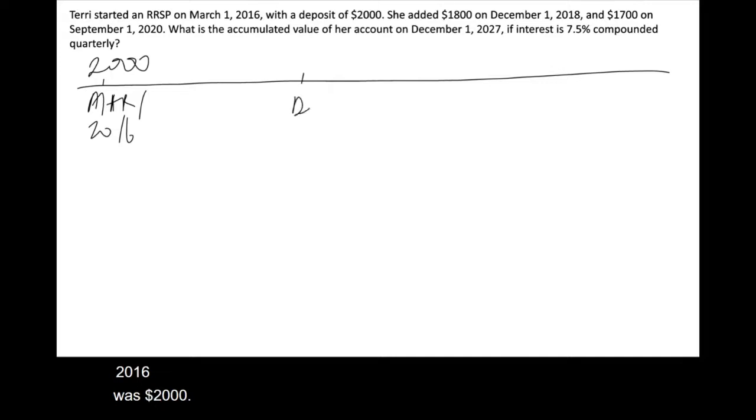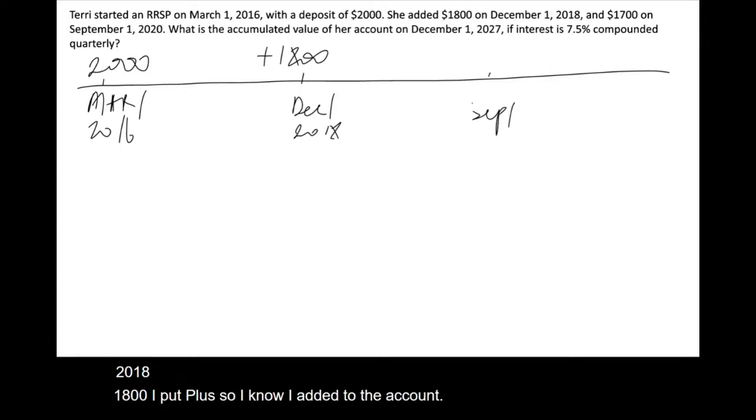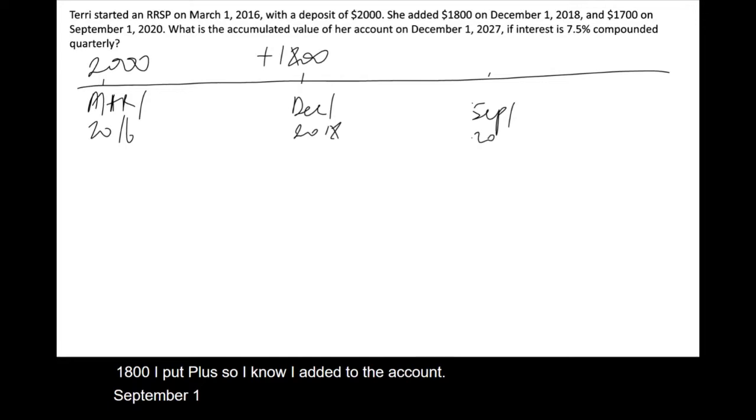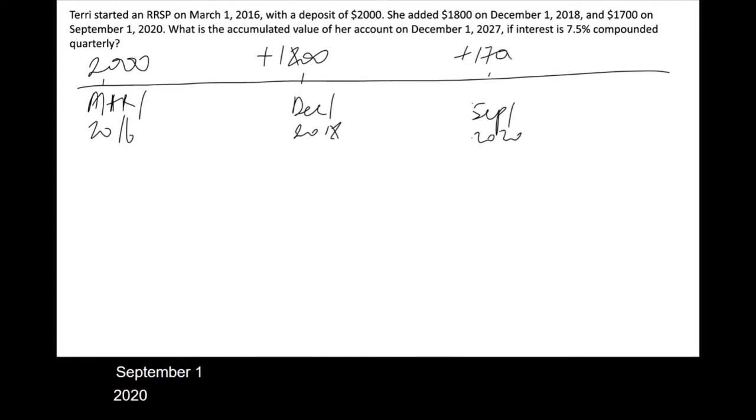Then December 1, 2018, 1,800. I put plus, so I know I added to the account. September 1, 2020 plus 1,700. So finally, December 1, 2027.